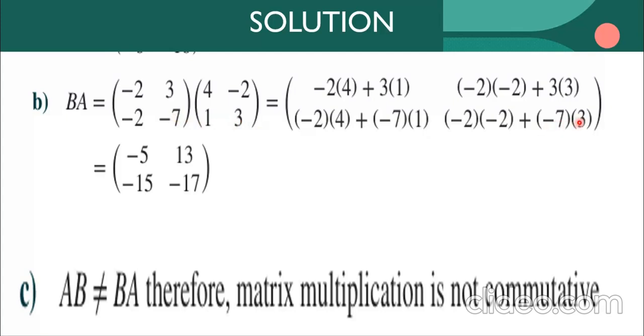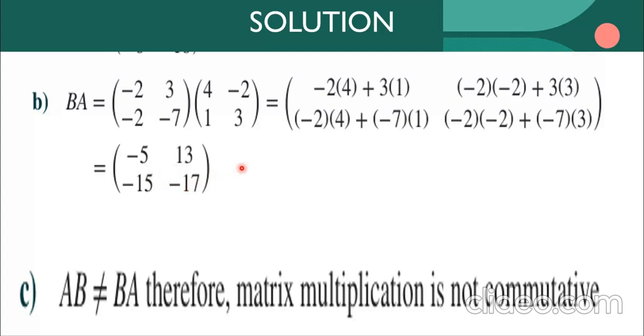Then you do your simplification. Over here, you can just put it on your calculator. Minus 2 times 4 plus 3 times 1. This will result to minus 5, 13, minus 15, minus 17.